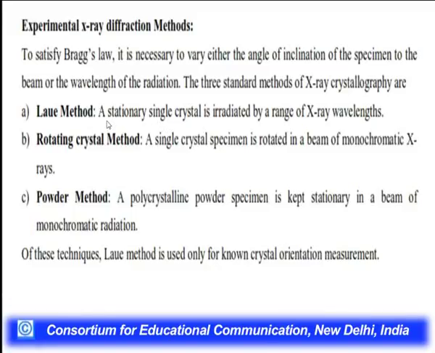By the rotating crystal method we can get the diffraction pattern of the rotating crystal also. In the powder method we can take microcrystals, and we can calculate the different diffractions by using the microcrystals.